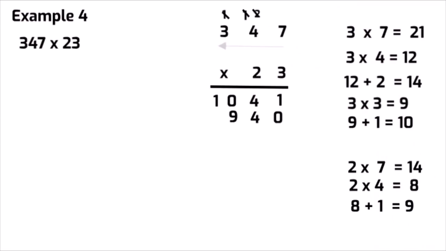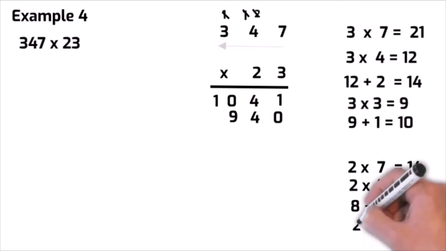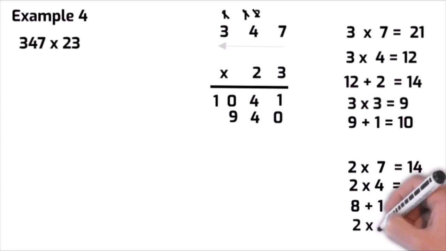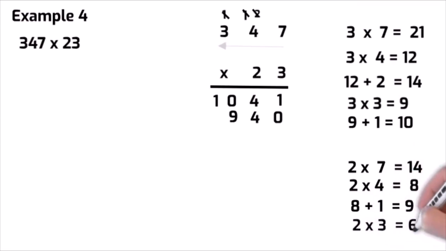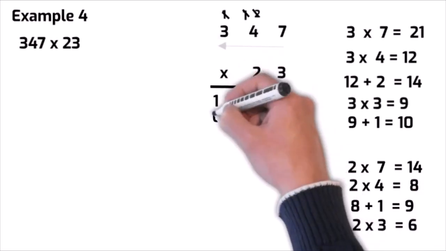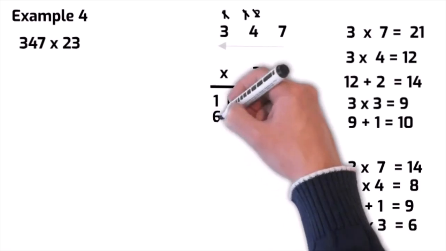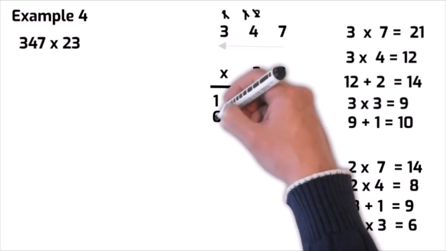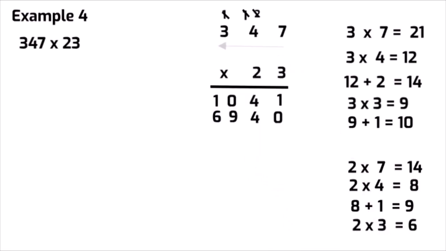We don't need it anymore. Lastly, we say 2 times 3. 2 times 3 is 6. So we write down 6. Now it is time to add.